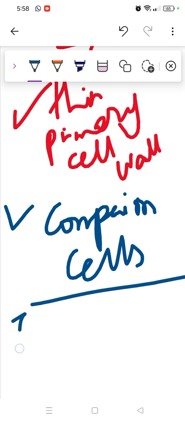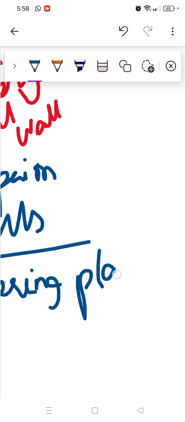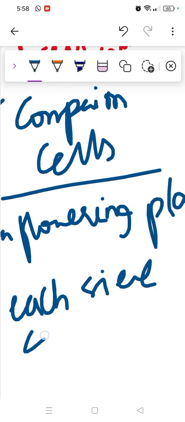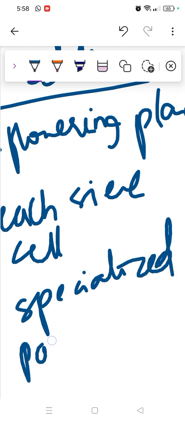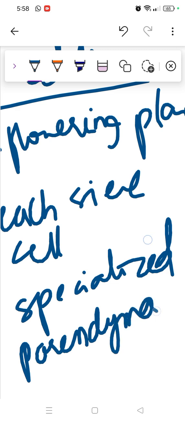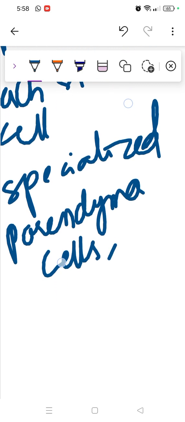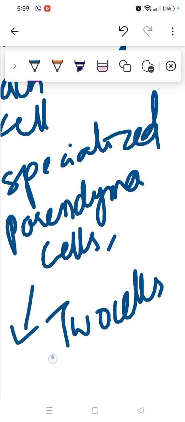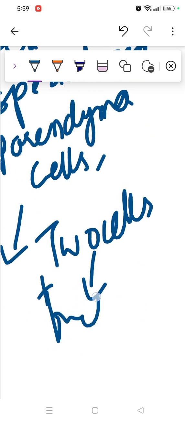This is in flowering plants. Each sieve cell is associated with specialized parenchyma cells, and you'll see that these two cells form a functional unit.